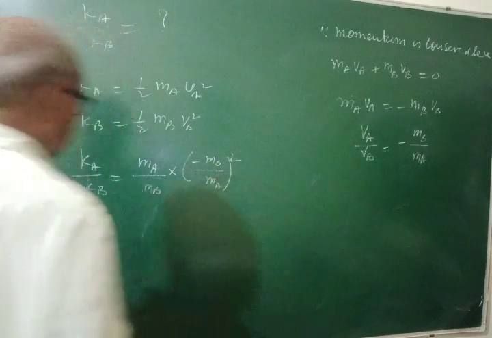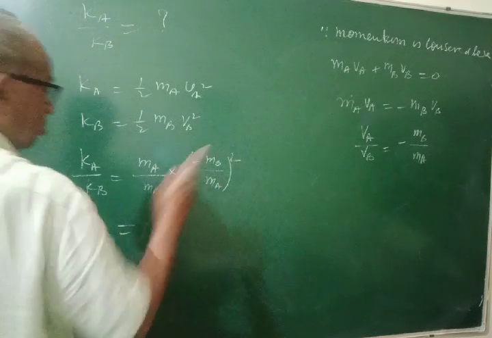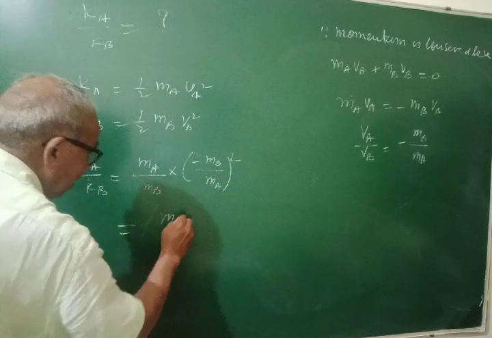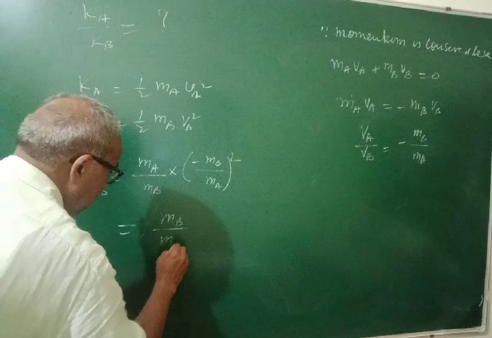So minus times minus becomes plus, and you will get MB upon MA.